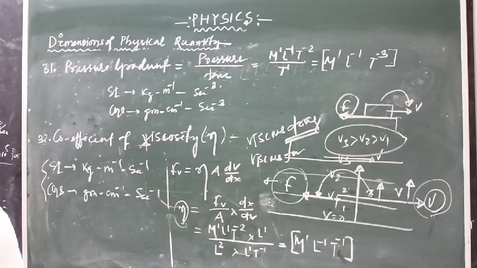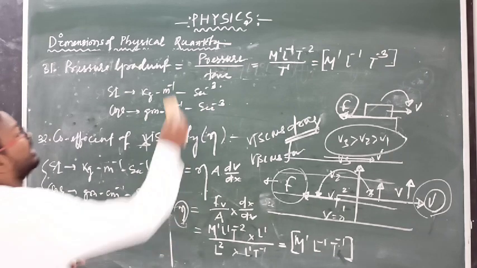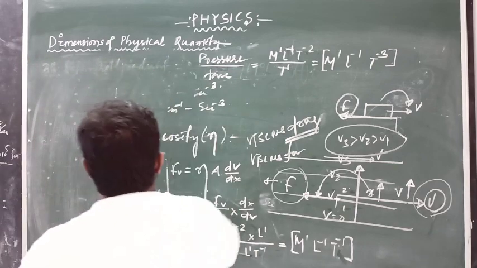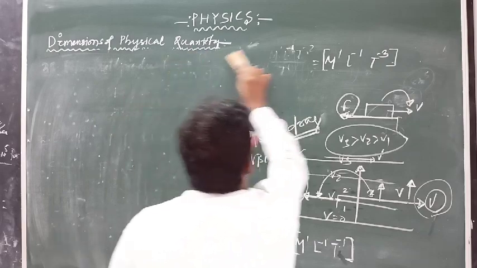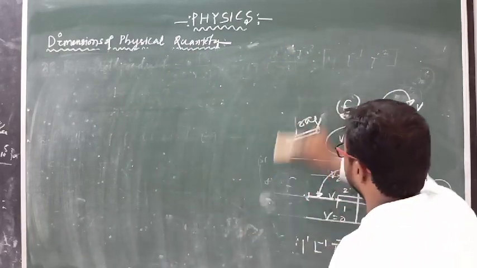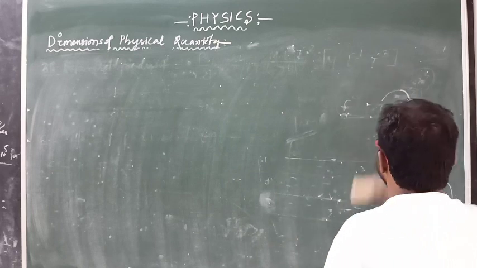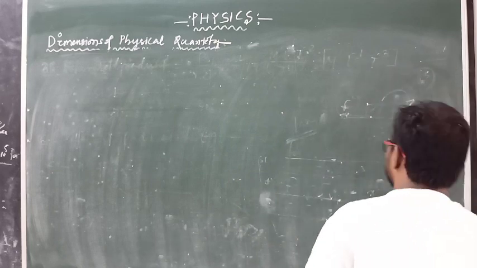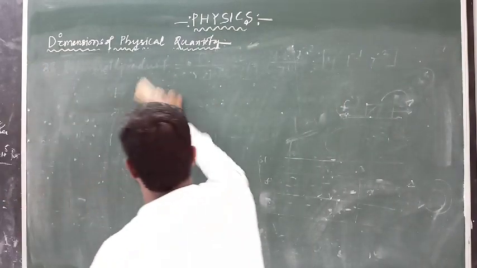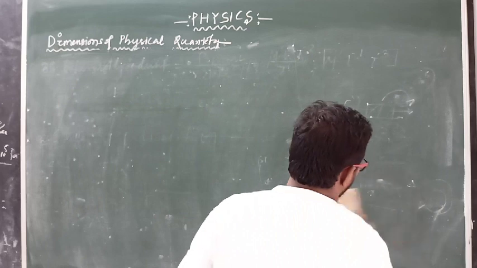So this is the dimensional formula of the coefficient of viscosity, and this is dimensional formula number 31. Now let's start another derived physical quantity. You just have to remember the physical formula and how to derive the dimension. First you have to remember the physical formula of the derived physical quantity, then it is easy to calculate the dimensional formula and its SI and CGS unit, clear?